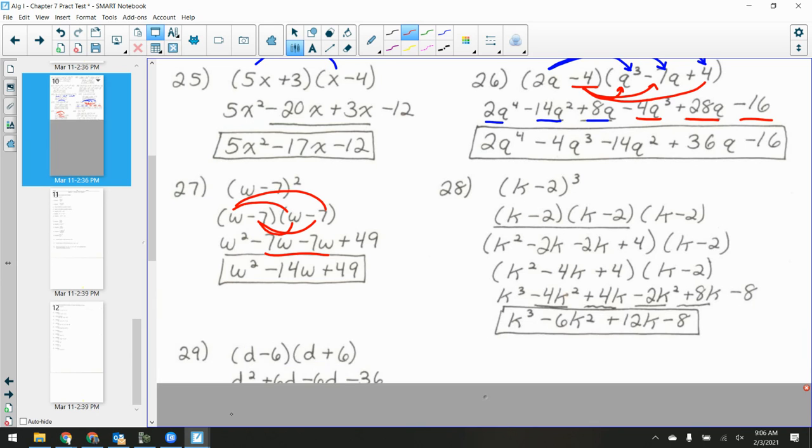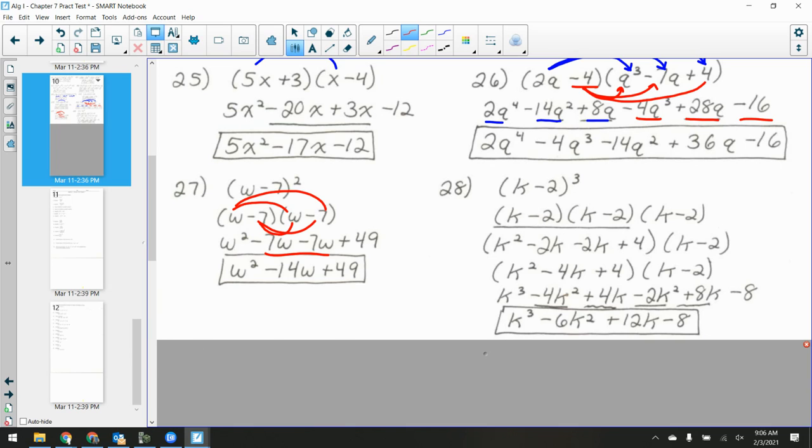And then here's the work for number 28. I've got k minus 2 to the third power. Remember, that's writing it out: k minus 2 times k minus 2 times k minus 2. Here, I know I usually multiply at the end, but you can multiply them in any order. So if you multiply those two pieces together, you're going to end up with k squared minus 2k plus 4, which simplifies down into minus 4k.